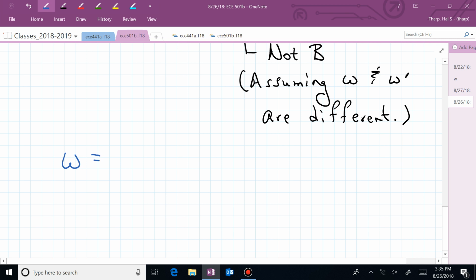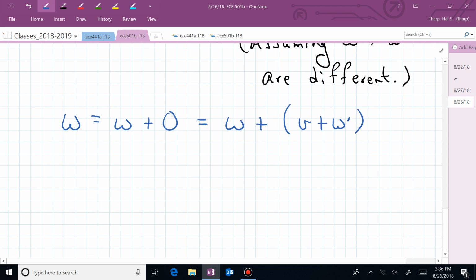Let's start then with one of those additive inverses, W, and let's add the 0 element, or the 0 vector, to that. We can rewrite that 0 element as V plus W prime, since W prime is supposed to be an additive inverse of V. Now we can simply use the associativity property of vector spaces and regroup these three vectors.